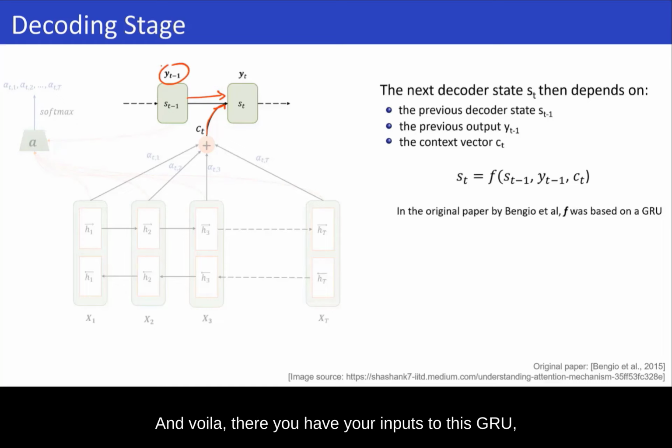And voila, there you have your inputs to this GRU, to this particular type of recurrent neural network that used attention to the different encoder hidden states in order to focus on the right parts of the inputs at this particular point in time. And what were the right parts of the input was determined mostly by this current hidden representation of the decoder s sub t-1.